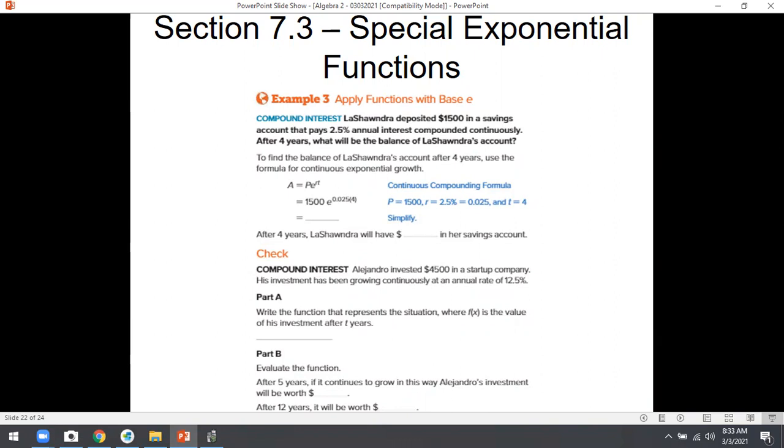$1,500 is the principal they invested. Time she's doing this for is 4 years, so T is 4. Just make sure you know where your E button is and you're fine.